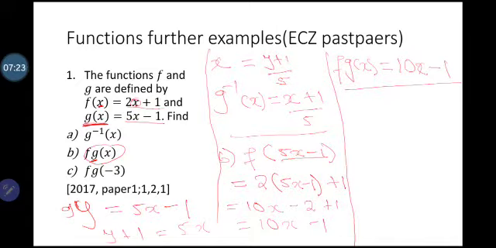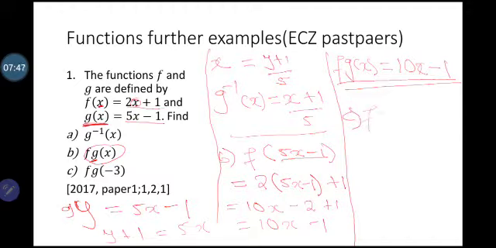Then for our final question, which is C, we have to find f g of negative 3. It's the same as what you have in B, f g, except where there is x, you have negative 3. It simply means in this expression which you found for the composite function f g, you just put negative 3 where there is an x.